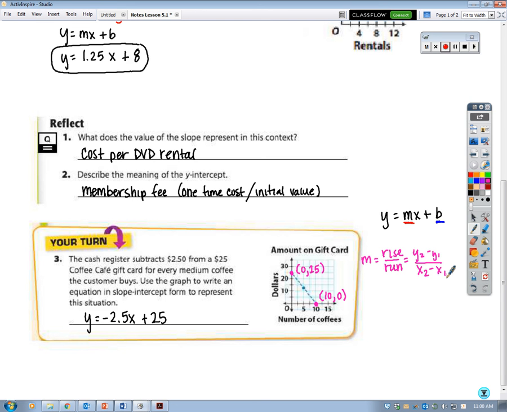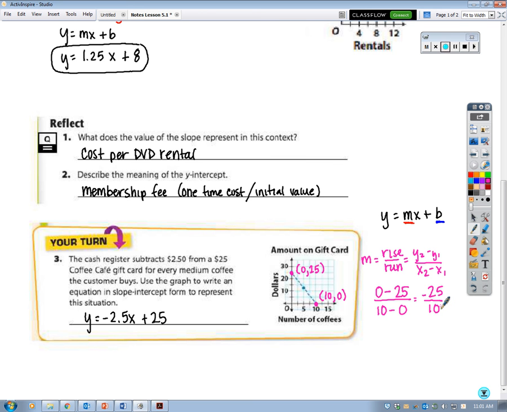So what I've got here is I've got my y2 value right here, which is 0. 0 minus 25 over 10 minus 0. So I've got negative 25 over 10.